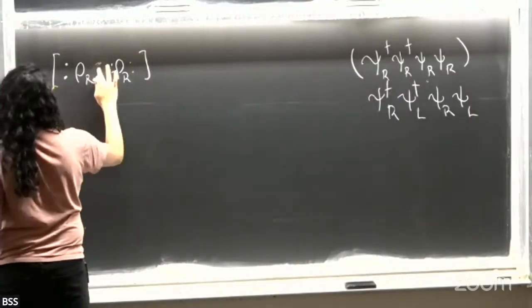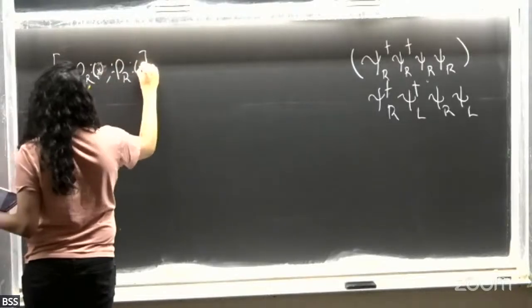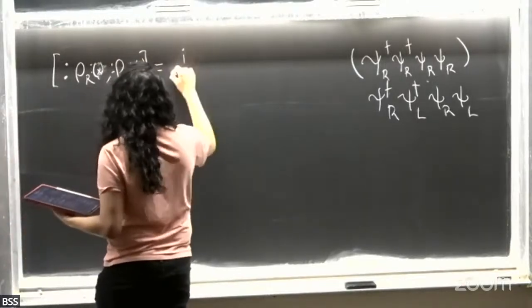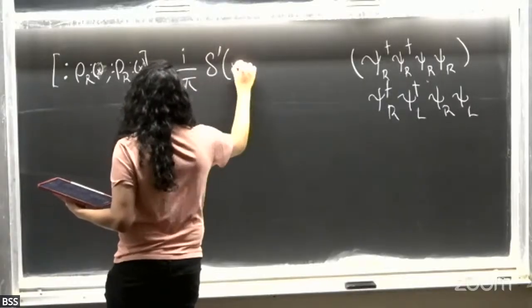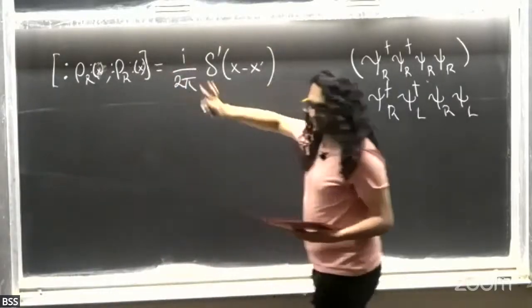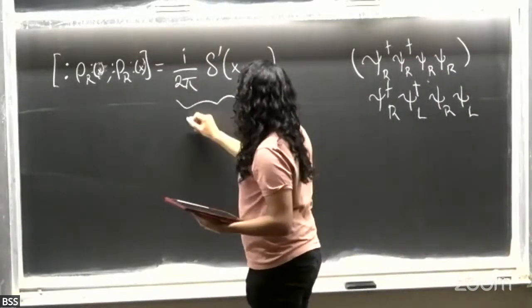So this is at x, and this is at x prime. And it gives 1 over 2 pi times delta prime of x minus x prime. x is our spatial coordinate here. All right. This thing over here is called a Schwinger term.